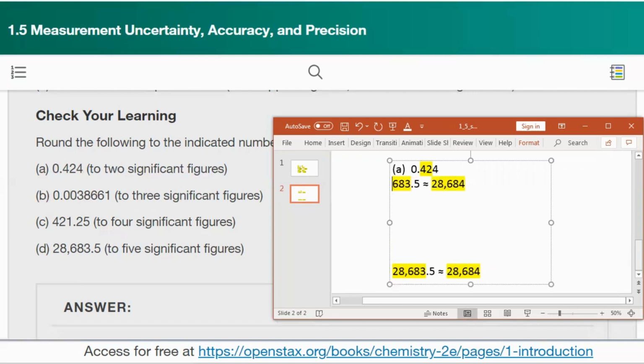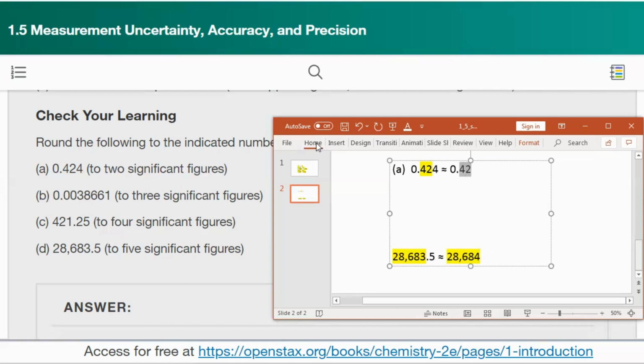Oh, excuse me, let me correct this. And so let's round it. The number we're going to dispense with is here, and anything thereafter is below 5, so we round down, and the number will be 0.42. And let me highlight that with yellow.